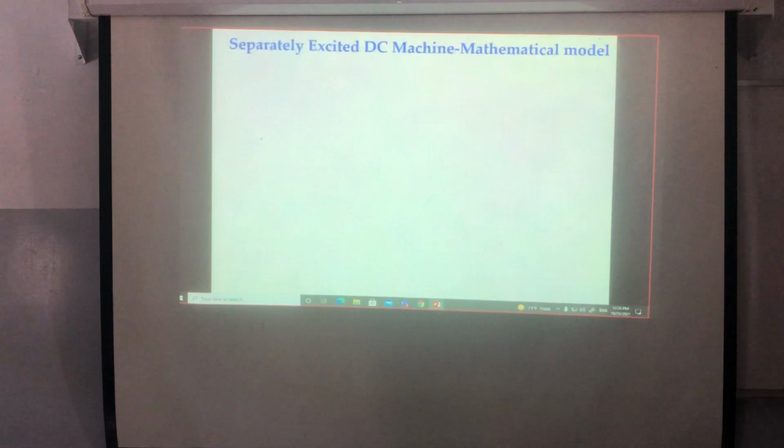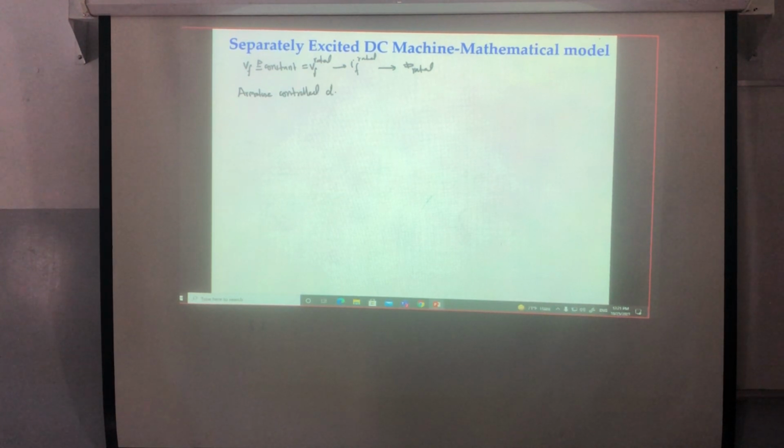So how can I do that? Very simple. I would say that VF is constant, which equals VF rated, and this will cause IF rated to flow, and this will cause the rated flux. So what I'm discussing here is what we call the armature controlled, or voltage controlled, DC machine.